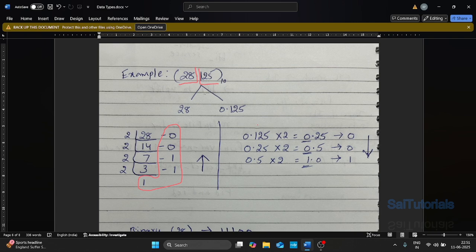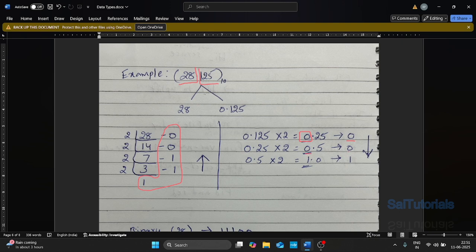So we took the value 0.125 and multiplied it by 2, and we got 0.25. Here we need to store the integer part. Here we have 0, so I kept 0. Again I took the same value 0.25 and multiplied by 2, and now I got 0.5. Again I stored 0 here.